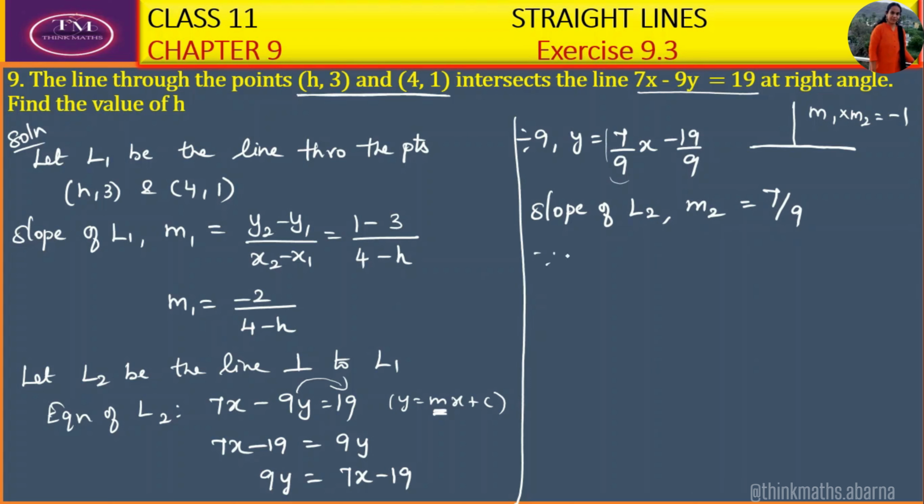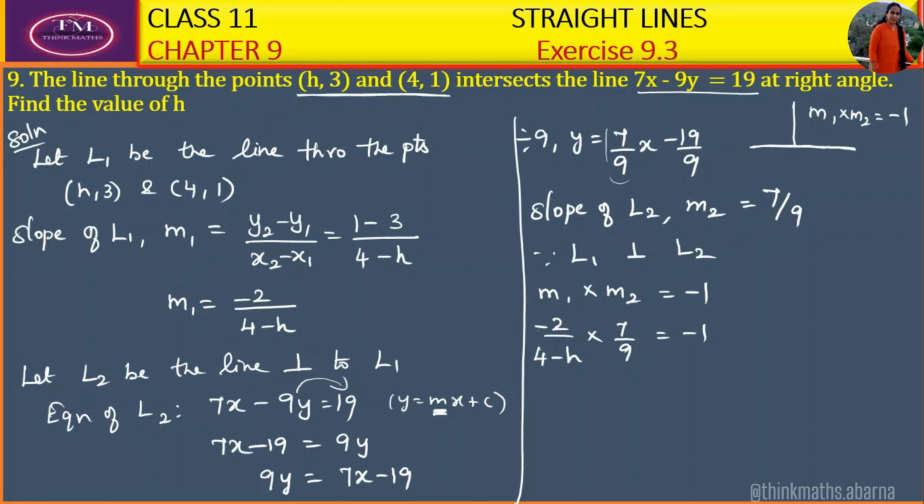So since L1 is perpendicular to L2, M1 into M2 is equal to minus 1. What is M1? M1 is minus 2 divided by 4 minus h, into M2, which is 7 by 9, equal to minus 1.